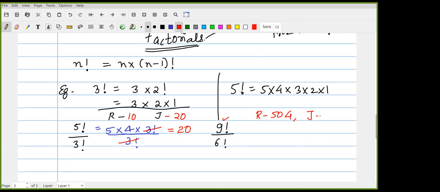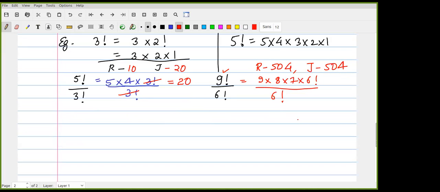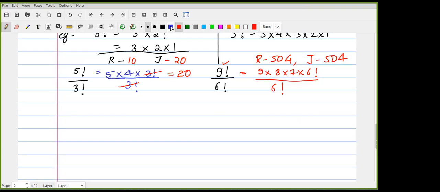Janvi, what is your answer? Same answer. Okay, fine. So I think you must have done it this way, right? 9 factorial, you must have opened till 6 factorial. I'm assuming that both of you used the calculator correctly. And that's the answer. Okay, good. Now try this problem.